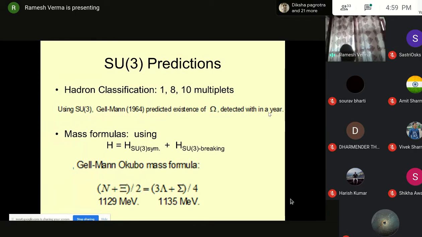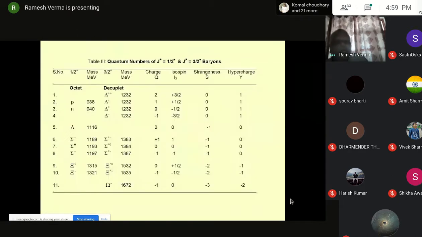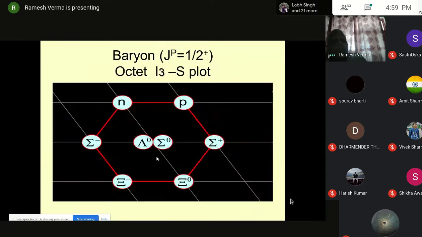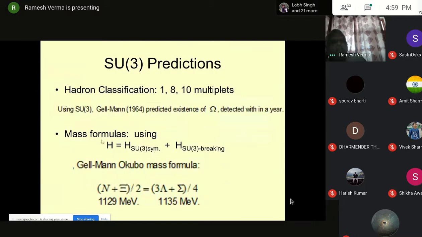We have already seen how we understand masses in the isospin spectrum. Same approach is used here, but obviously trusting SU2 was quite good, because particles belonging to an isospin multiplet are quite close. But all these particles don't have a common mass, so their mass difference is quite large. This brings us to an understanding that as far as strong interactions are concerned, they do honor SU2 symmetry, that is isospin symmetry.